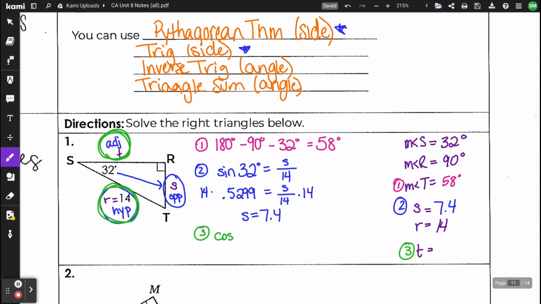So now we have cosine of 32 equals T over 14. Cosine of 32 is 0.848, equals T over 14. Multiply both sides by 14. And we get 11.9 with rounding.